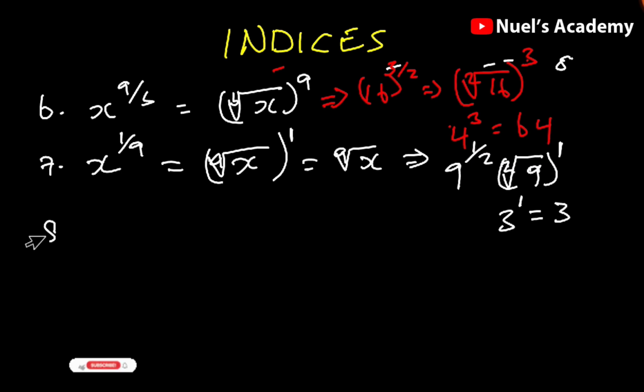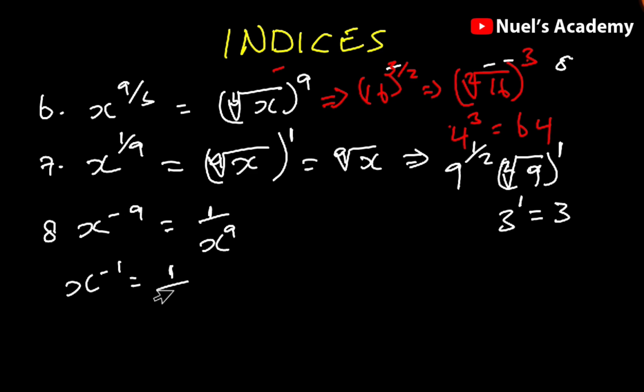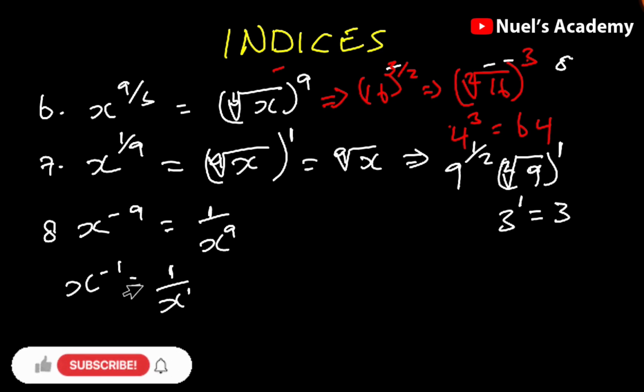So number 8, we have x to the power of negative a, then this is equal to 1 over x to the power of a. So this is just taking the inverse of x to the power of negative a. Remember, x to the power of negative 1 is equal to 1 over x, then raised to the power 1. This negative a here is this a you are seeing, but because we have taken the inverse, this 1 has cancelled this negative sign.